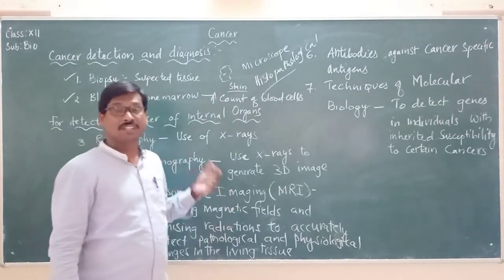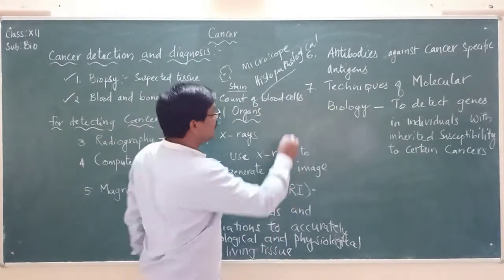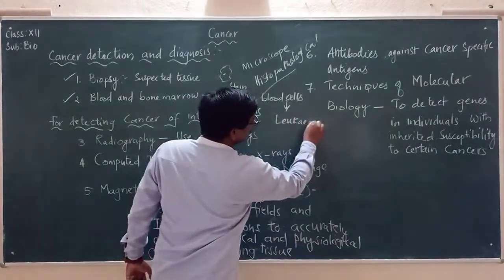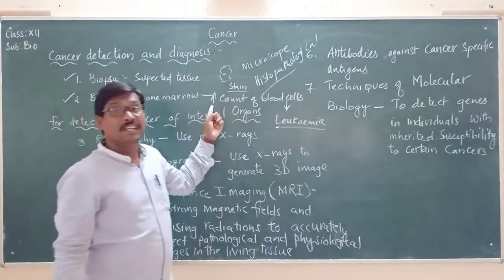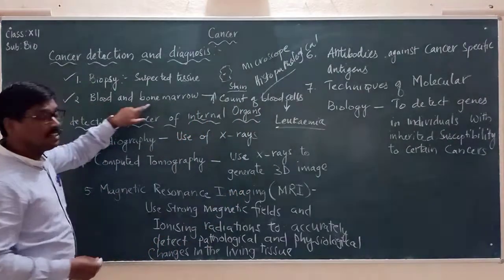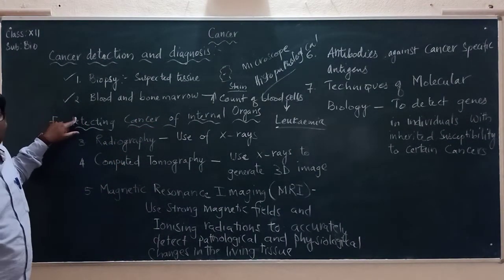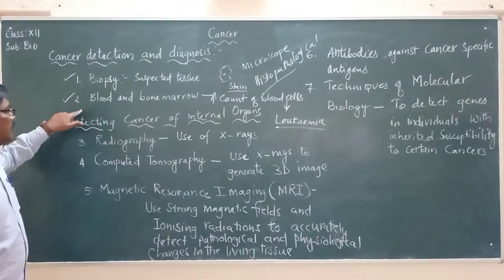In a very important disease like leukemia, they will count the increase in the number of blood cells by taking blood and bone marrow. So this is also another way they diagnose and detect cancer.